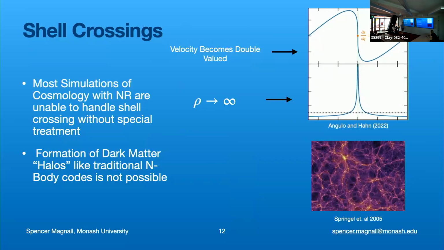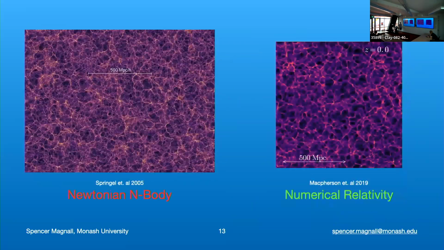Basically, what we have is cosmic structure formation, and hopefully you can see these little spheres or ellipses, and these are your dark matter halos. So if we want to do full structure formation with numerical relativity, we can't. This is just a slide to illustrate the difference.